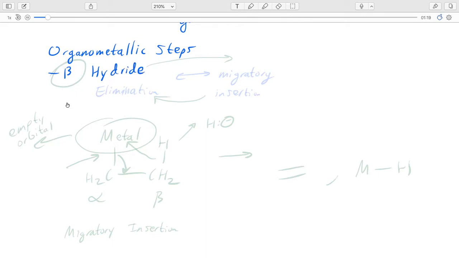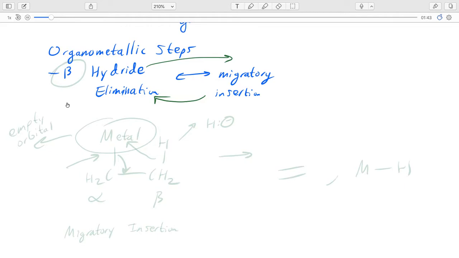Beta hydride elimination and migratory insertion are simply opposites of each other. So beta hydride elimination goes in the forward direction and migratory insertion goes in the reverse direction.